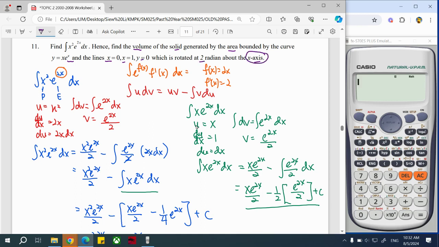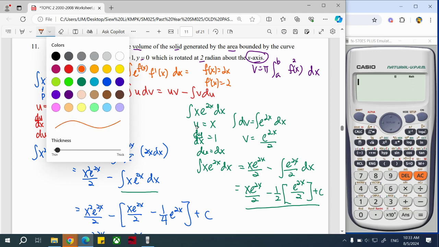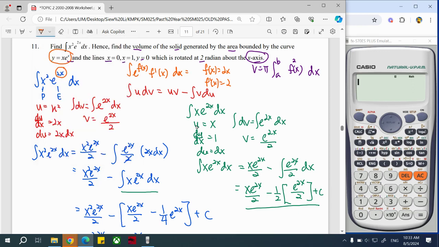When you find the volume rotated about the x-axis, it means your formula will be in terms of integration with respect to x dx, from a to b, and the graph function in the volume formula needs to be squared. So we need to find out what the region bounded by the graph, x equals 0, x equals 1, and y equals 0 is.